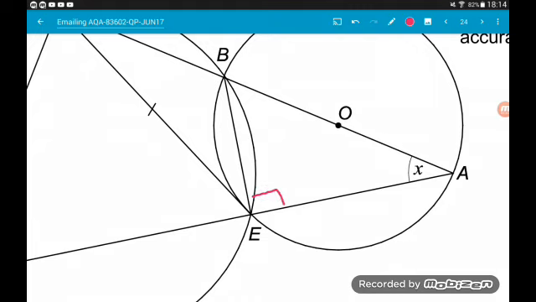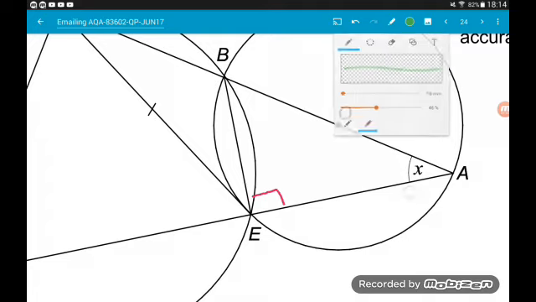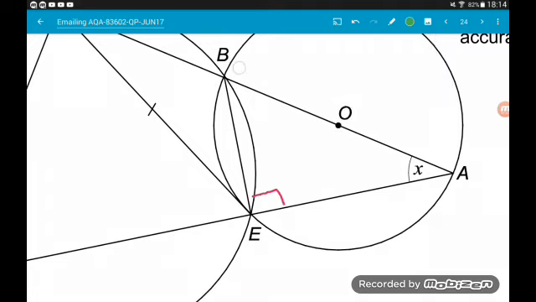Now this guy is a right angle because the line BA is a diameter. And then we've got two chords coming off of the diameter like that. When we got that situation, they always meet at right angles. So the reason BEA is a right angle is because BA is a diameter.